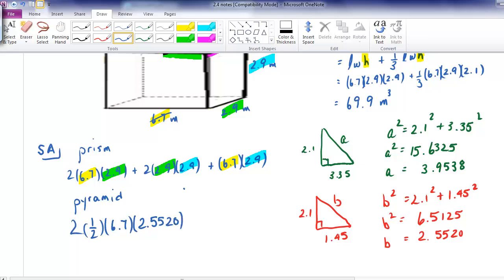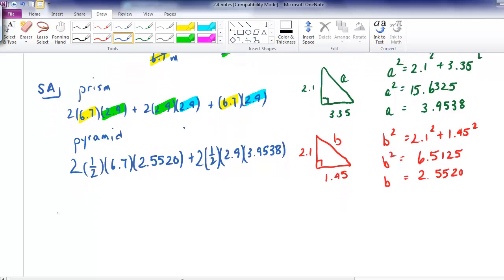And recall, there's two of them, front and back. Then we have our left and right. So we have two of those times the formula 1/2 base, which is 2.9, times the slant height, the height of that triangle, which is 3.9538.